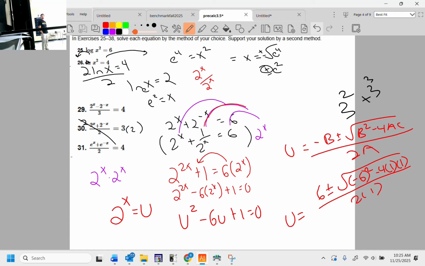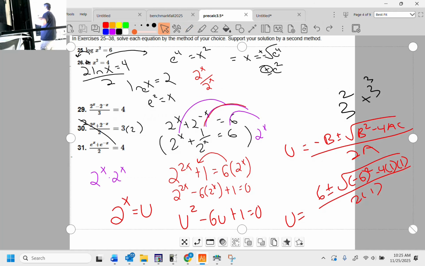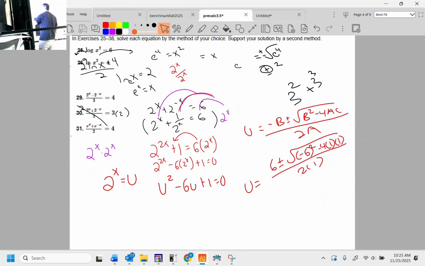What's in the radical? 32. U is 6 plus or minus 4 root 2, both pieces over 2.